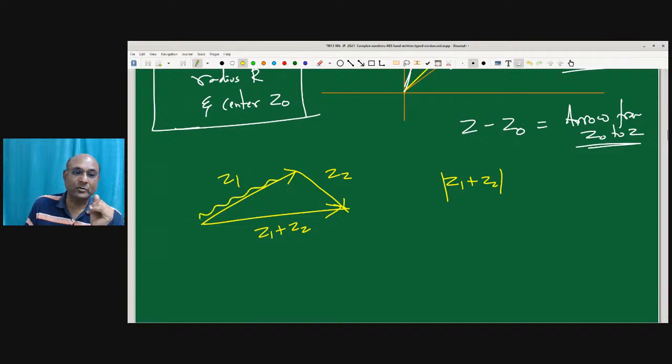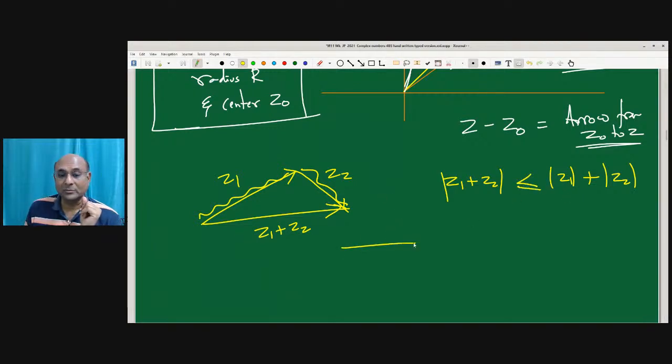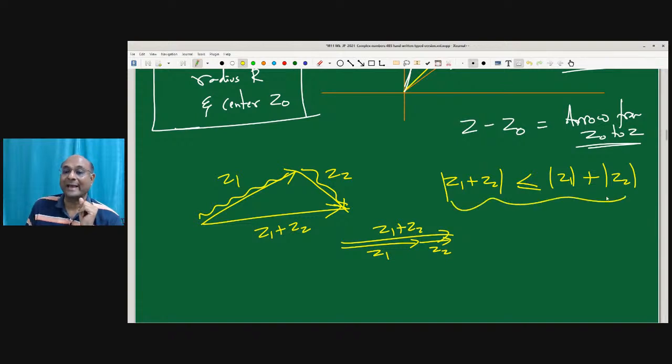If I just did magnitude, that would be the magnitude of Z1 plus the magnitude of Z2. Is this magnitude plus this magnitude equal to this magnitude? No. This magnitude plus this magnitude is greater. So the magnitude of Z1 plus Z2 is lesser, but it can be equal because you may also have both of them parallel. In fact, that is the only condition where the magnitude of Z1 plus Z2 is equal. So this is called the triangle inequality.